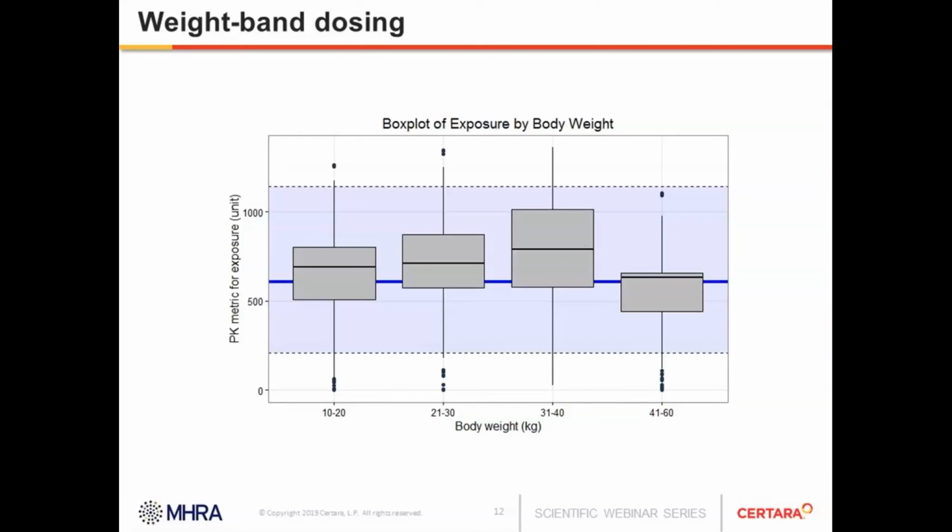And in the background, again, you see a reference range for potentially the adult population, but it could also be another population where some efficacy data has been obtained, or where you know the target is. And here you can probably surmise that at 40 kilograms there's a dose change, and that's why the exposure seems to normalize back down to the adult data.